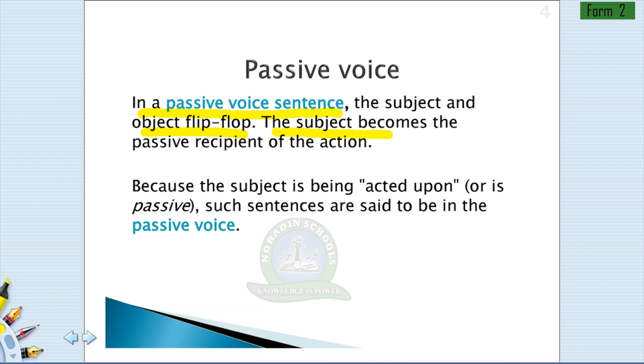In other words, if I say, I lived in Hargeisa last year, I is the subject, I'm doing that action. But if I change it into passive voice, Hargeisa was lived in last year. Because the subject is being acted upon, these types of sentences are said to be passive voice.